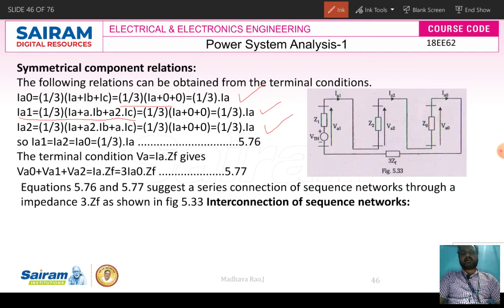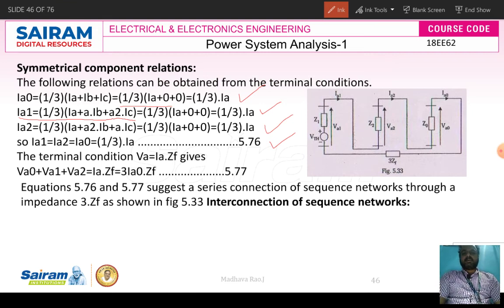We got them from the terminal condition relations in LG fault, line to ground fault or single line to ground fault. Okay. So by observing these equations, IA1, IA2, IA0 are all equal to 1 by 3 into IA. So VA is equal to IA into ZF. Since the fault occurs through fault impedance, between the ground and line terminal we have a ZF fault impedance.